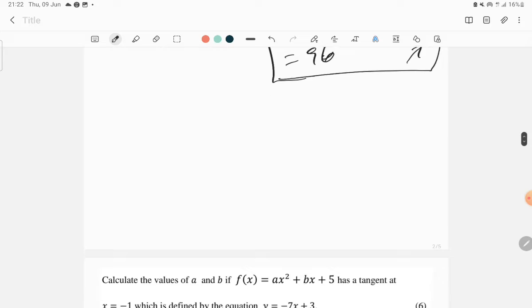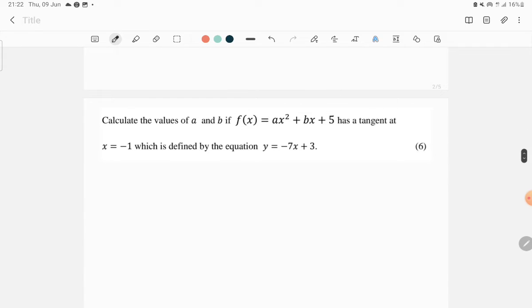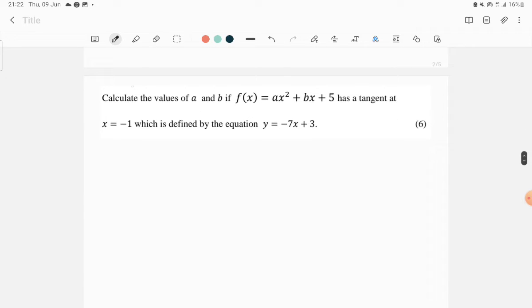Now coming to the next one. The next one says calculate the value of a and b if f at x, which is equal to this, has the tangent at x is equal to -1, which is defined by this equation. So this is the tangent of the curve at x is equal to -1.